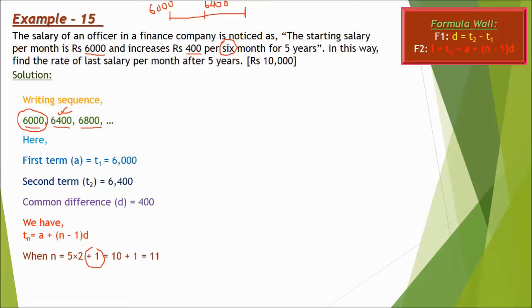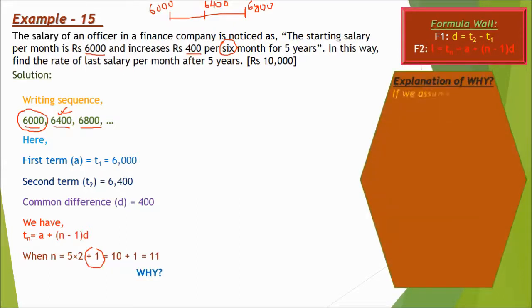It starts with 6,000, then 6,400, and then 6,800. So we have to add 1. Or if we take 6,400 as A, then we don't have to add 1. Now there is an explanation for why.